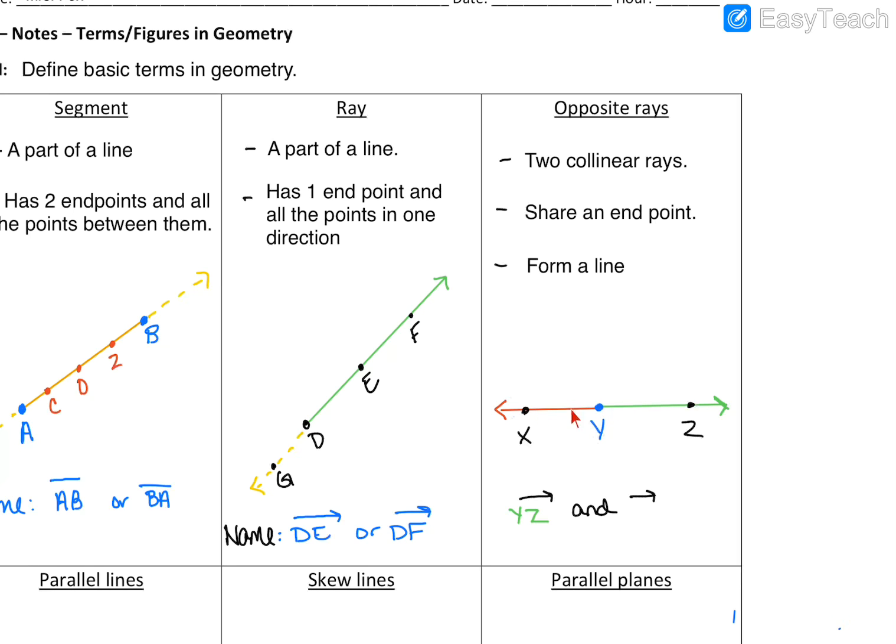The red ray, the endpoint's going to be Y, and then this one goes towards X. Okay, so those two rays are opposite rays. Ray YZ and ray YX are opposite rays.